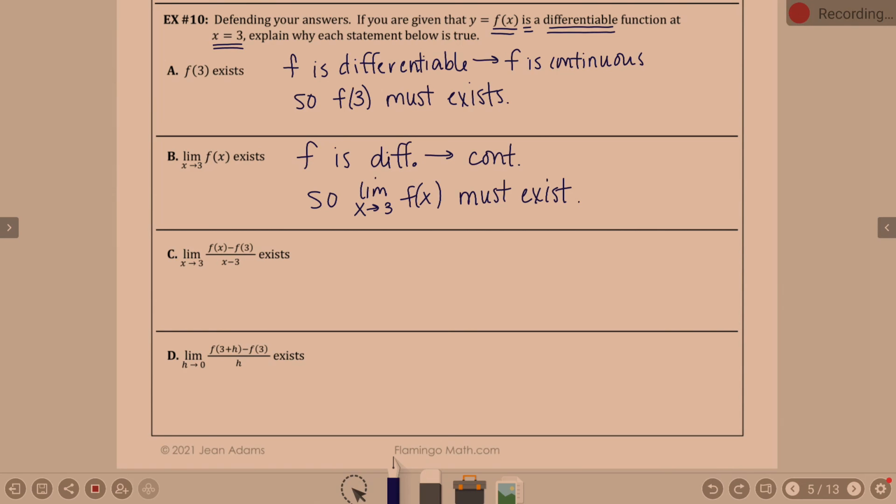I'm going to say since differentiable, derivative must exist.